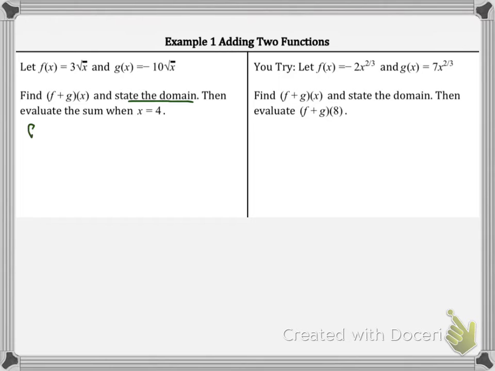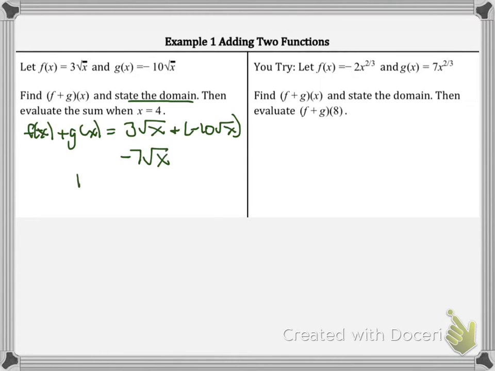So let's first rewrite it. f of x plus g of x is going to be 3 root x and then plus a negative 10 root x. You just subtract, 3 minus 10 is negative 7 root x.